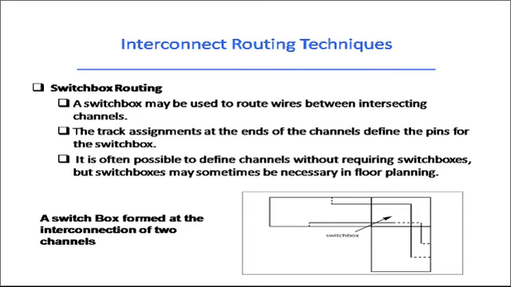Actually, it is the intersection of two different connections, and track assignment at the end of the channel defines the pins for the switch box. Here you can see that there are two channels, and they overlap in this particular portion, and the switch box routing or the connection will be done inside this.